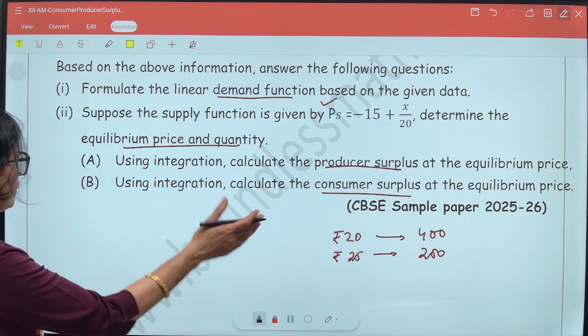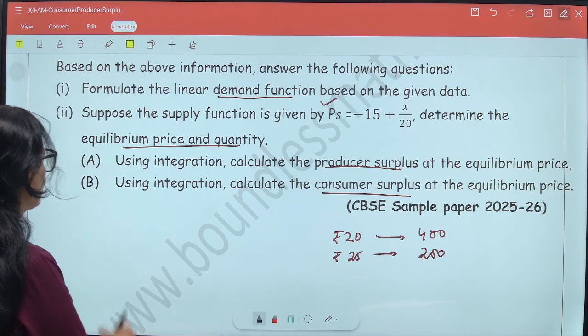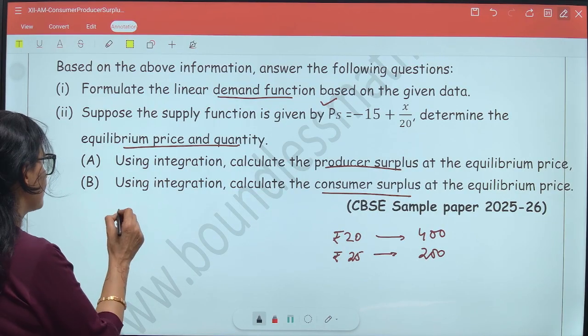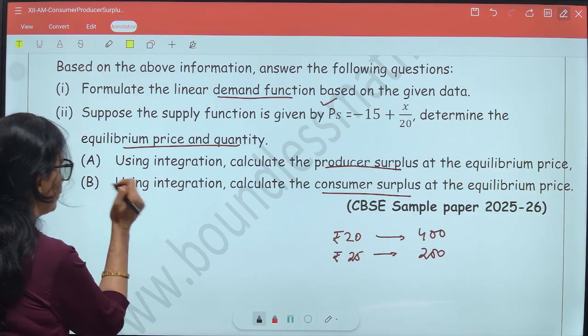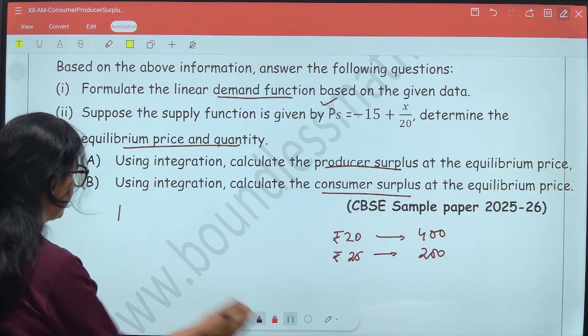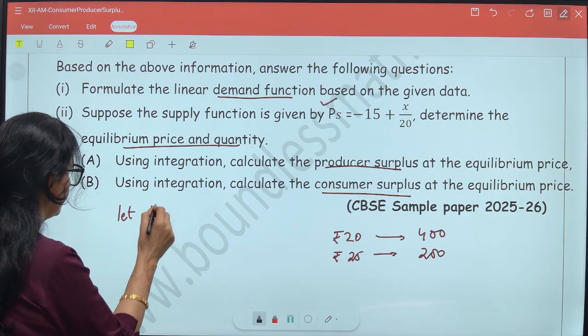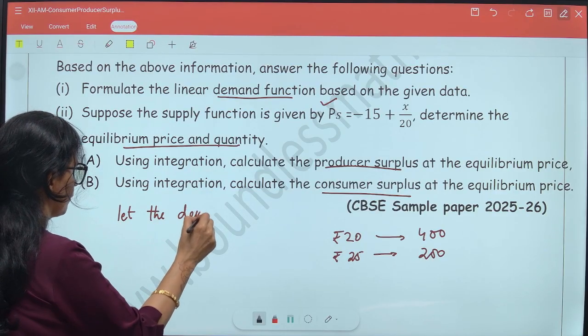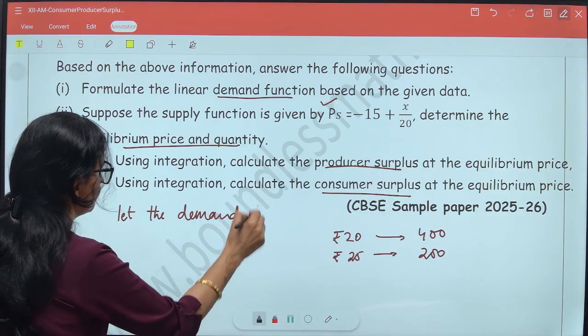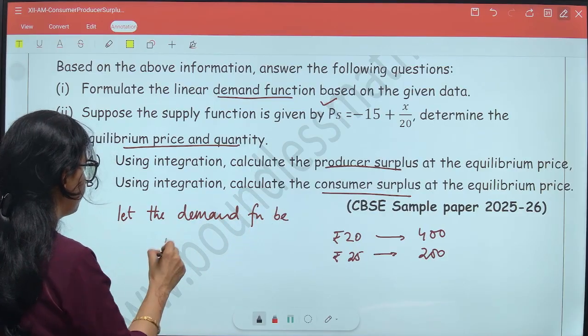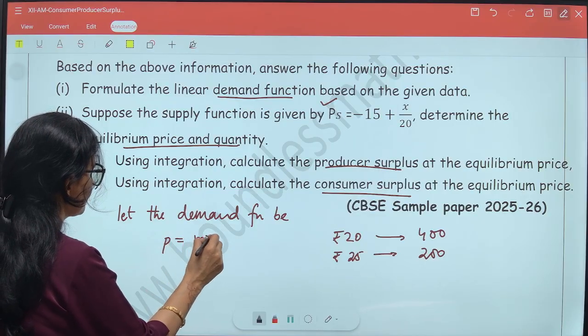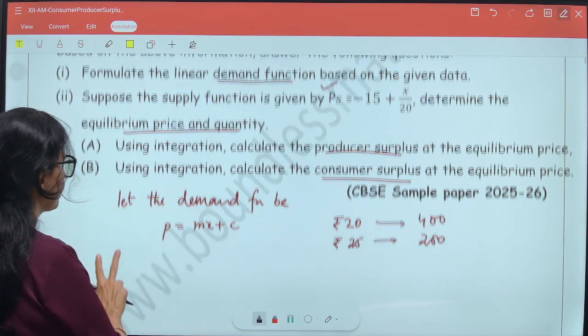So the price is per kg and the quantity is in tons, it doesn't matter. The linear demand curve means the equation for the demand curve, you have to write everything. Let the demand function be P is equal to mx plus c.